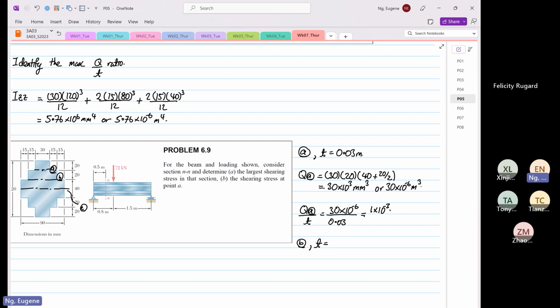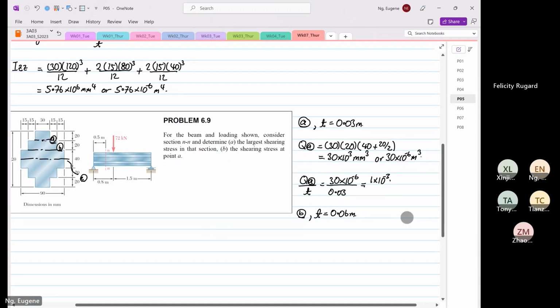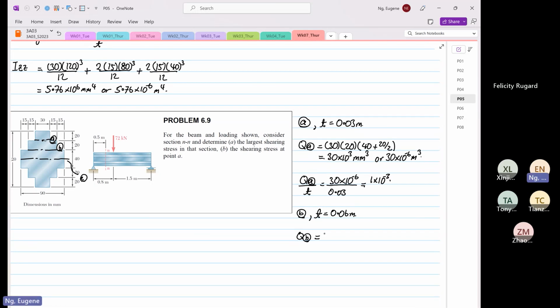Next we consider point B. Point B thickness is equal to what? If you look at thickness, it's equal to 60, so 0.06 meters. The Q at point B is equal to the Q of point A plus, so the width is 60, the depth is 20, and the Y bar is 20 plus 20 divided by 2.